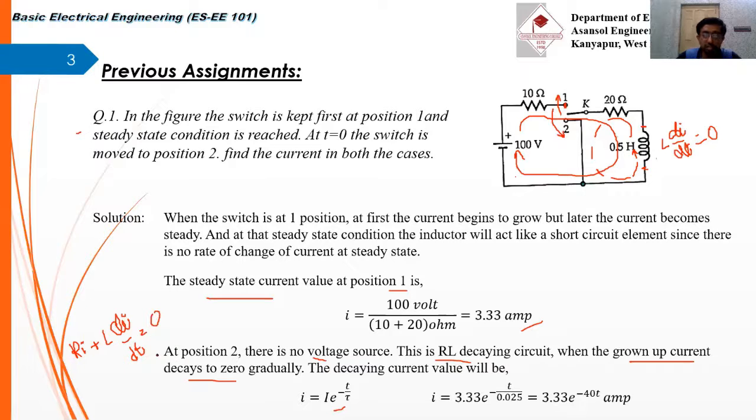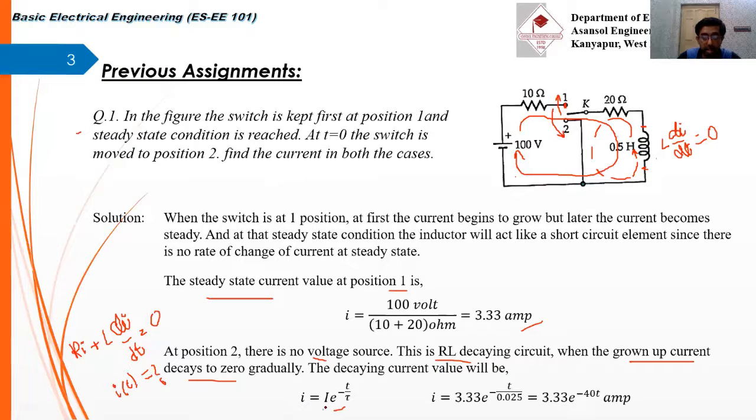Now calculate this formula, calculate the time domain analysis. You will find out that the final value will be I equals to capital I into e to the power minus t by tau.